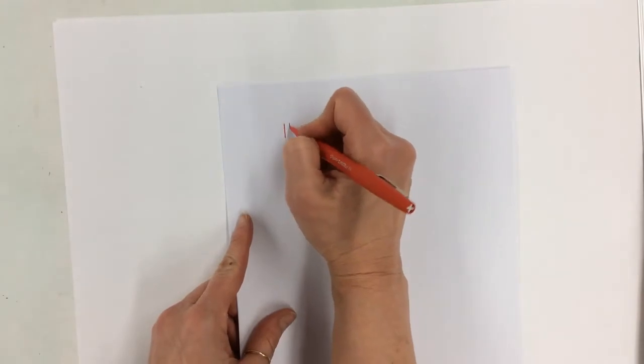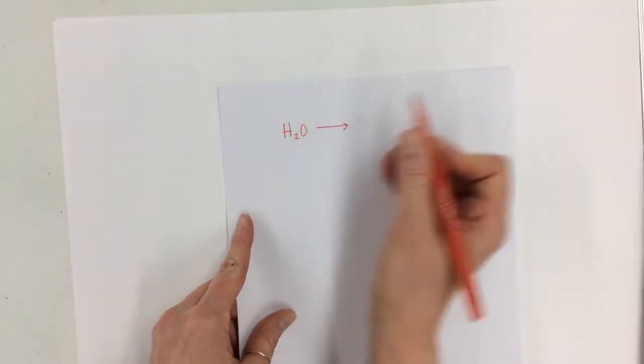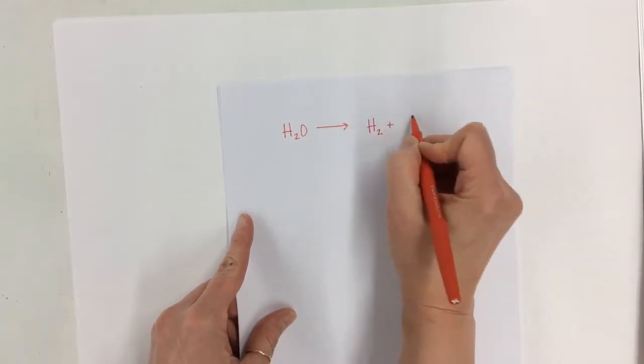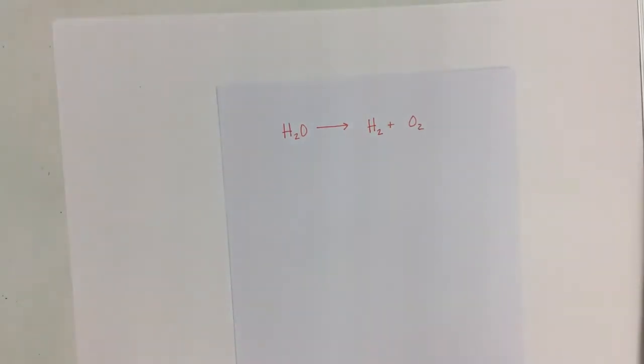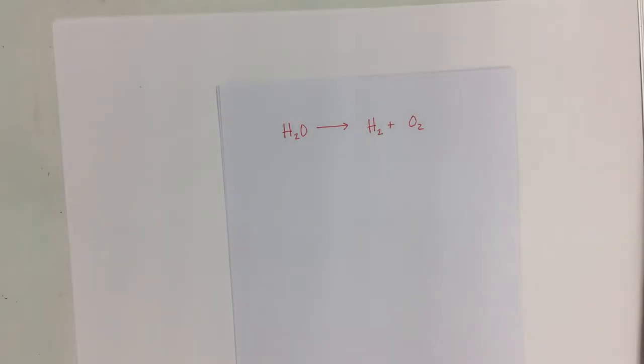Specifically, I could say that water, which we know as H2O, breaks down to form hydrogen and oxygen. Both of those are diatomic, so it's H2 and O2. Then we would go about balancing the equation to satisfy the law of conservation of mass.